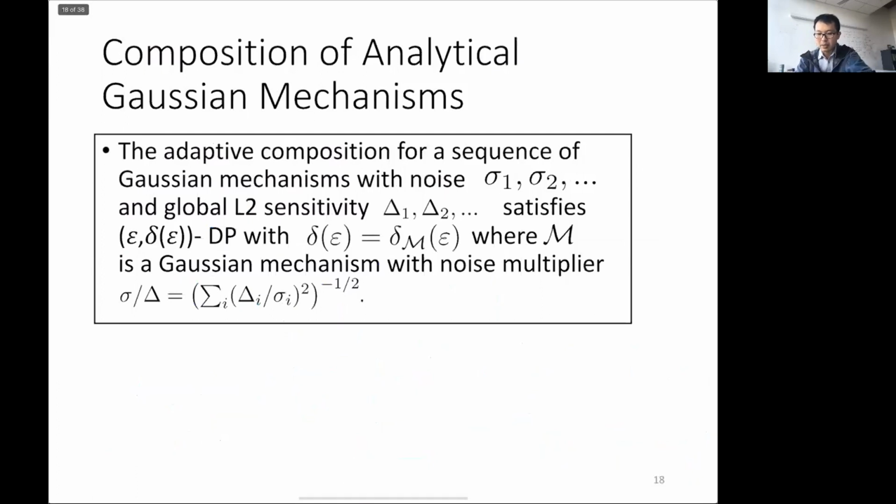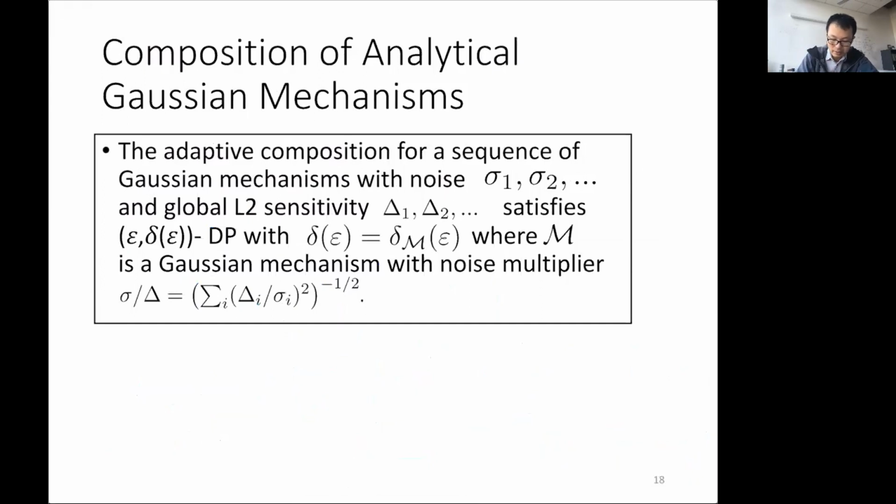Okay. The next thing is about composition of the analytical Gaussian mechanism, and it is straightforward. Since the privacy loss random variable of the Gaussian mechanism is Gaussian, it is intuitively true. But in order to formally prove it, we need to use the machinery of the dominating pair.